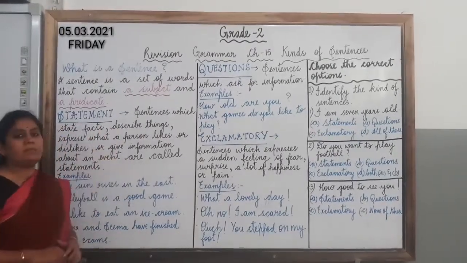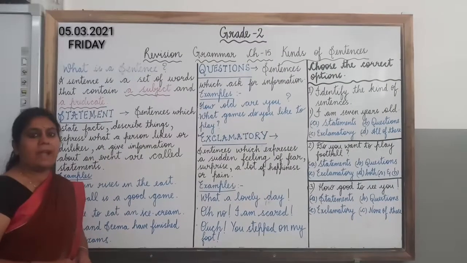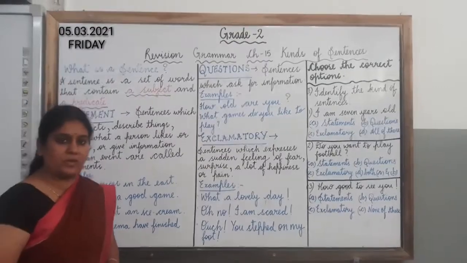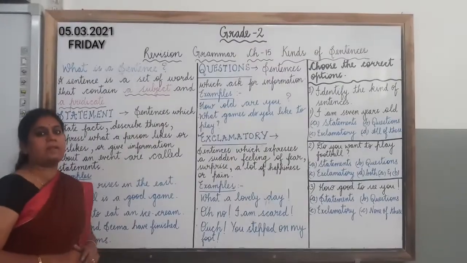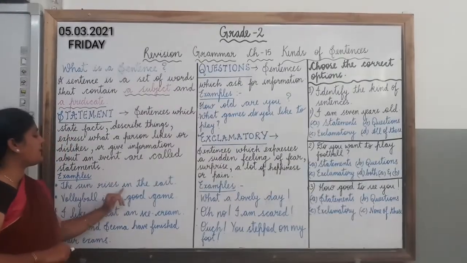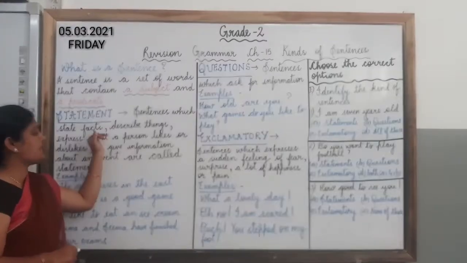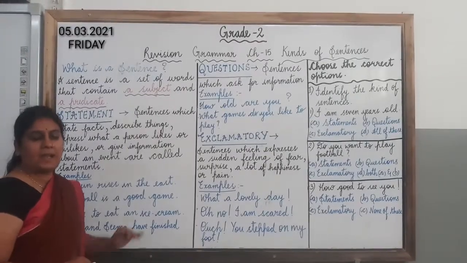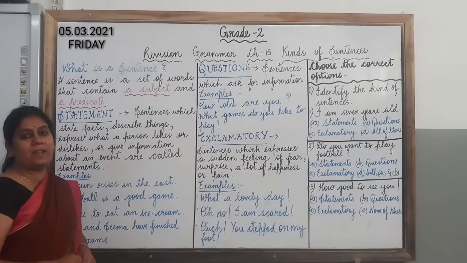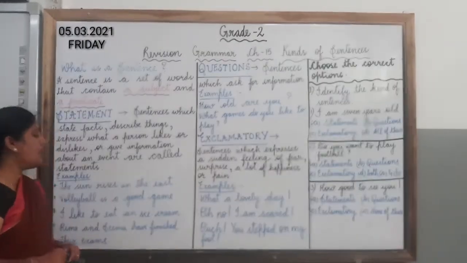In statement, in these type of sentences you will find at the end full stop is used. But you have to read the sentence completely. Okay? So the sun rises in the east. Now this is fact. As this state facts. It is fact that every day the sun rises in the east and sets in the west.